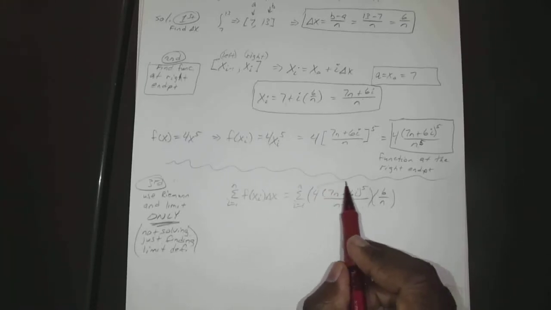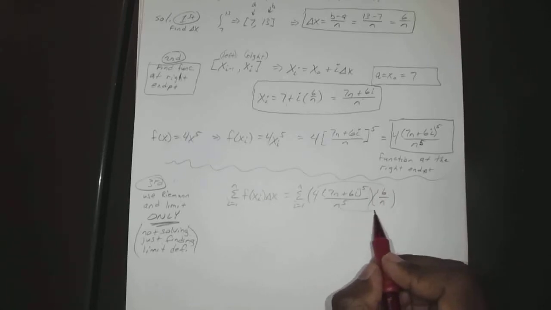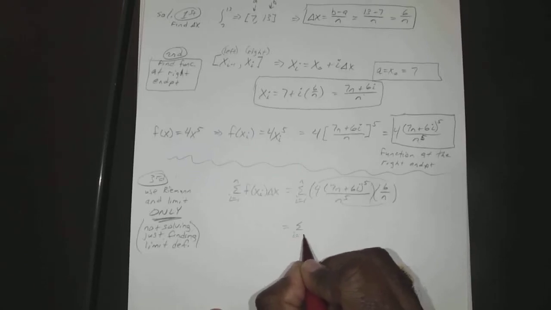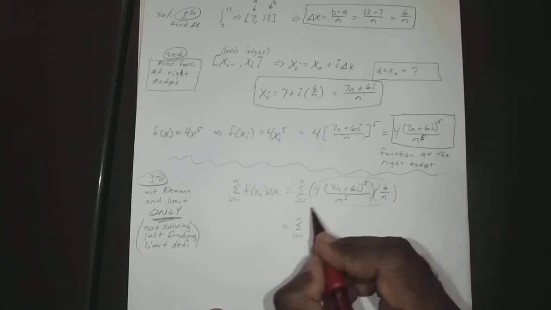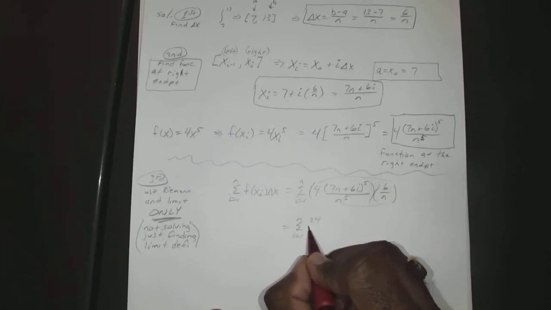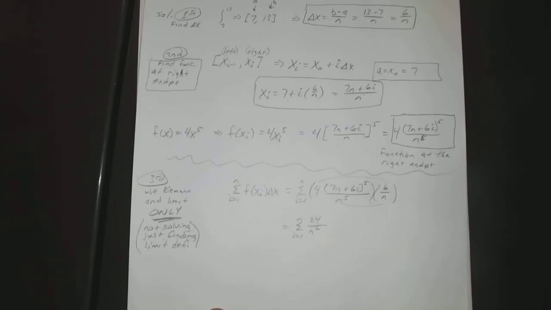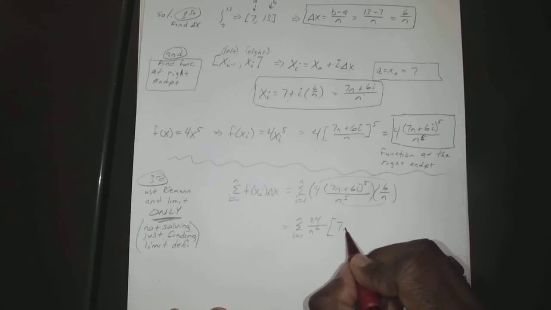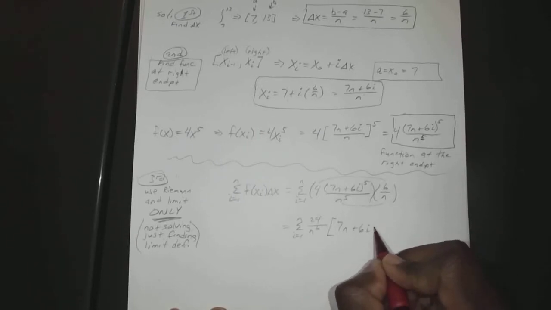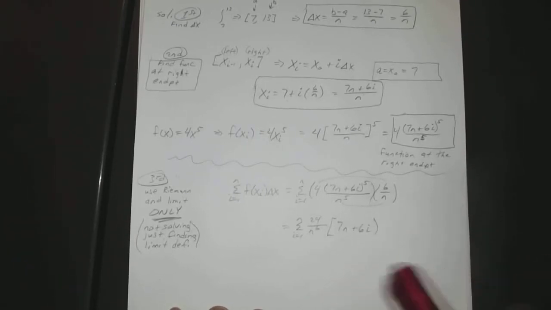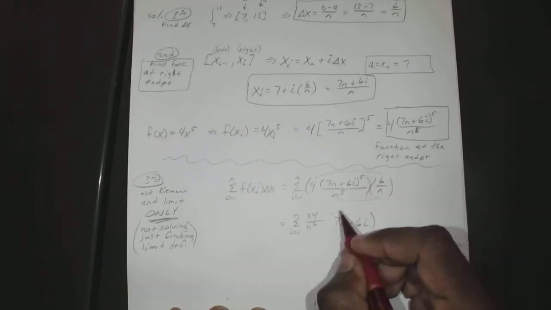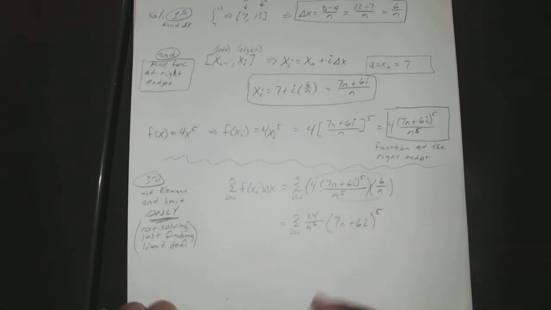If we multiply those together, we end up with the sum from i equals 1 to n of 24 over n to the 6th times 7n plus 6i, to the 5th.